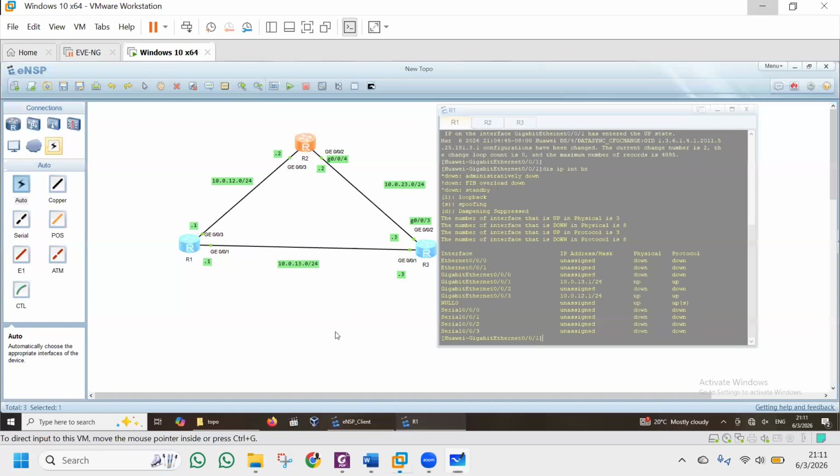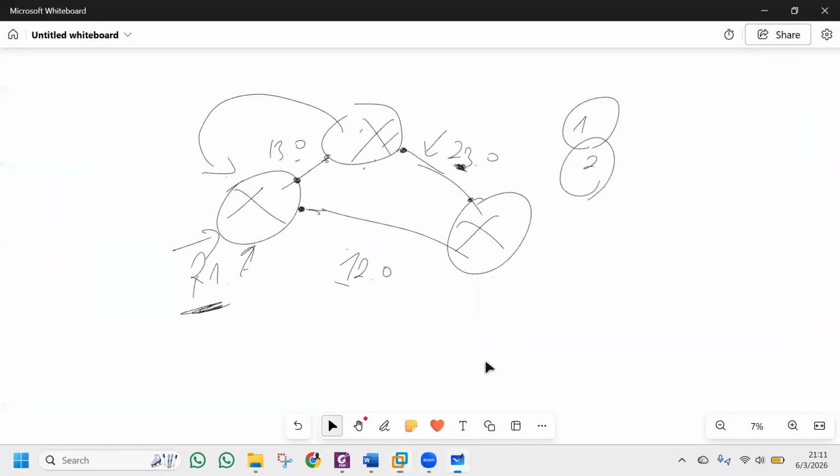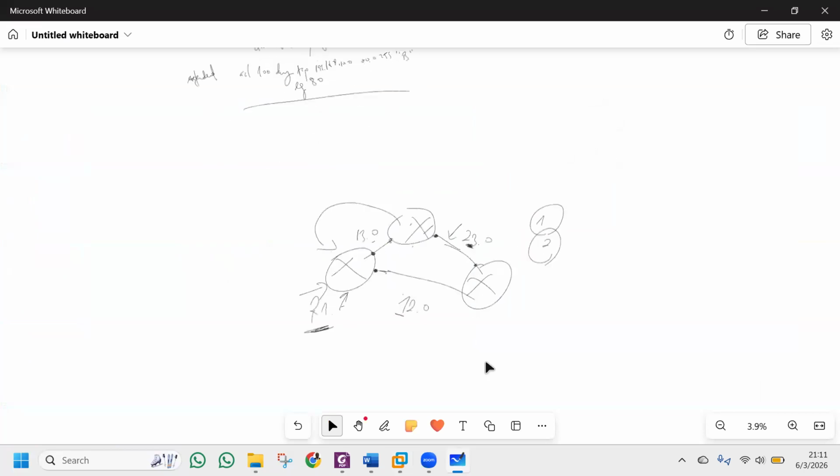So what we're going to start with is my static routes. I want to try to put my static routes as well as my dynamic routes on this topology. Let me make this a bit nice.